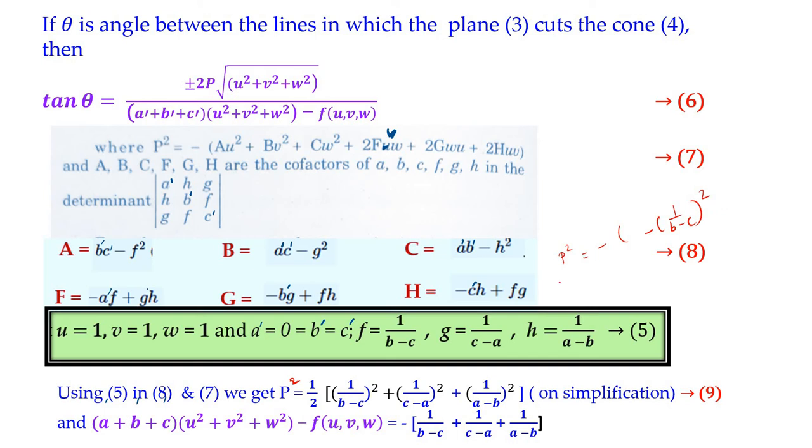And in the same way, B v square is not there, so minus G square you'll have, but minus G square is minus of 1 by C minus A the whole square. So in all you will have that negative sign. Already here you have a negative sign, so that is why P square is just written with this plus sign.